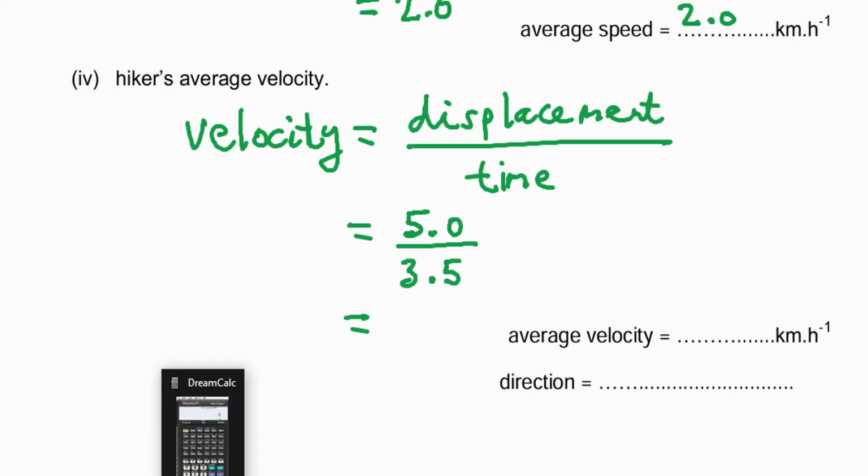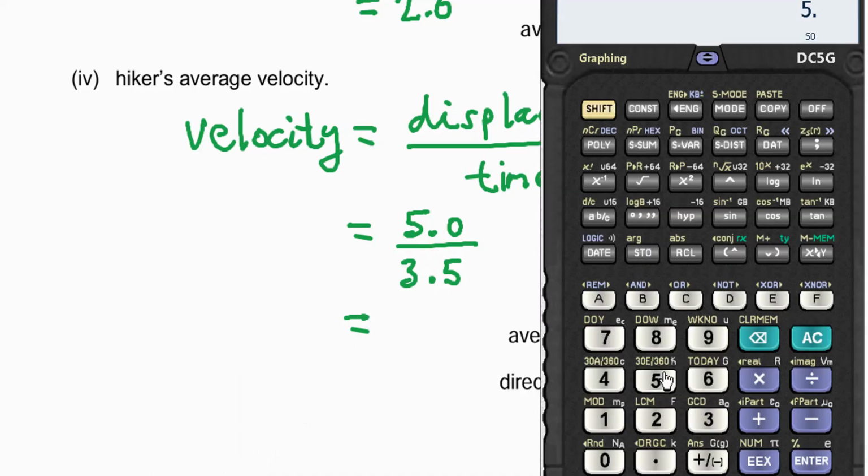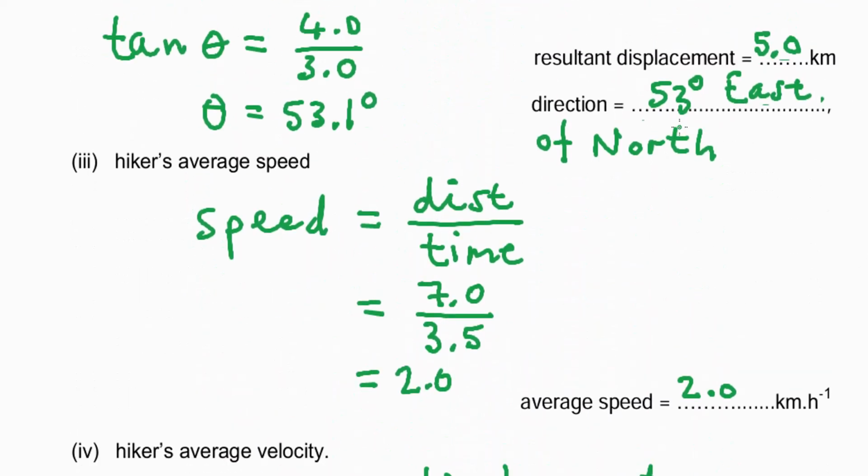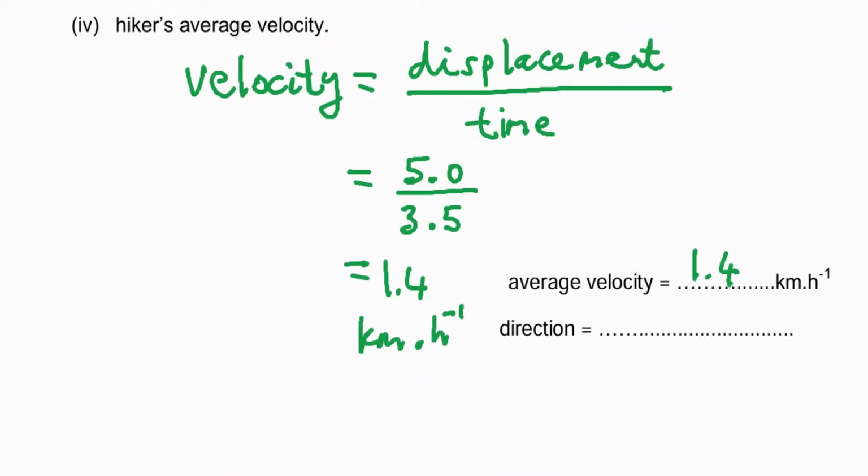And we can do this on a calculator. And we get 1.4. So 1.4 kilometers per hour. And we also have the direction, which was, remember, 53 degrees east of north.